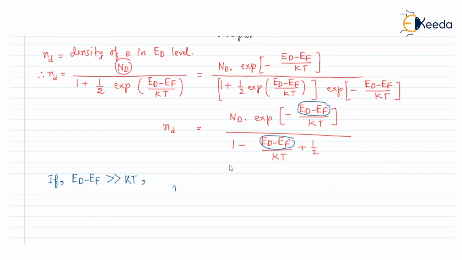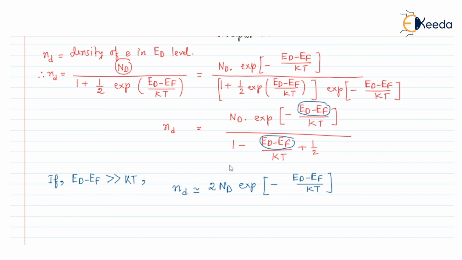So we can write that small nd will be equal to 2 into capital Nd exponential minus Ed minus Ef divided by kT. So this is the density of electrons at the donor energy level.